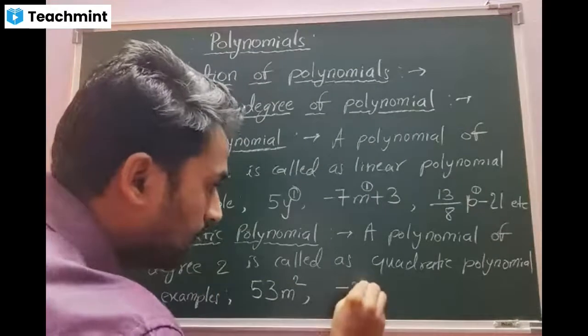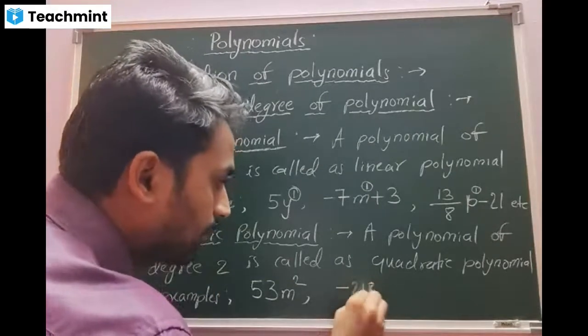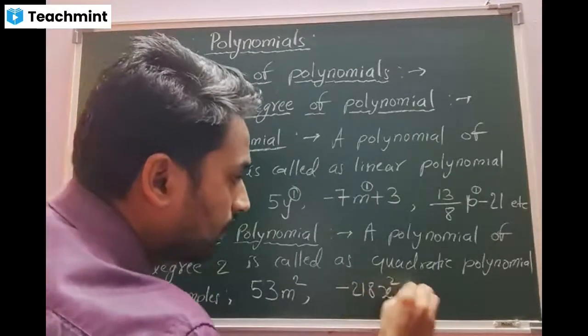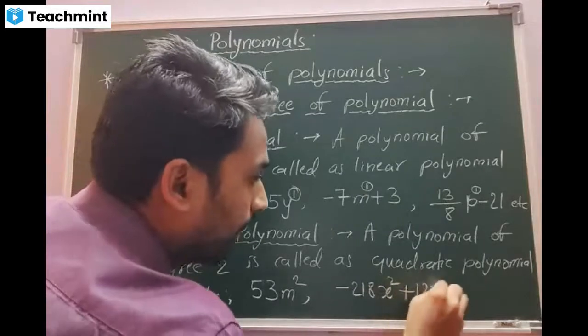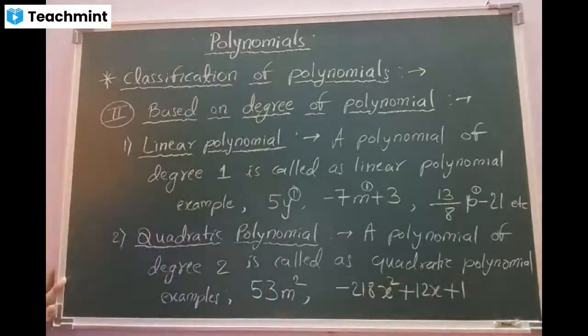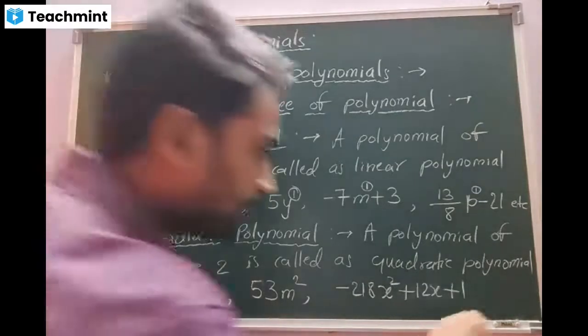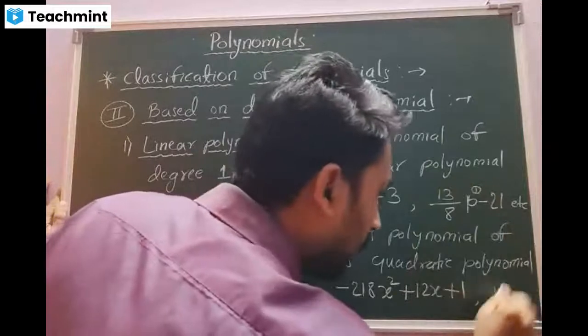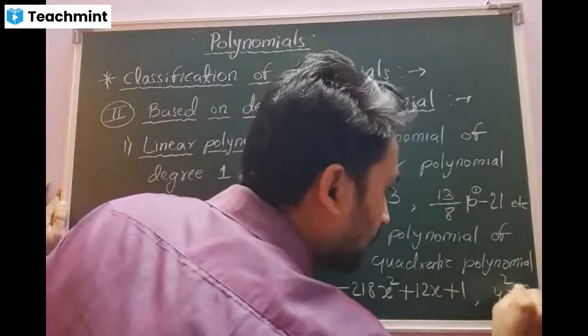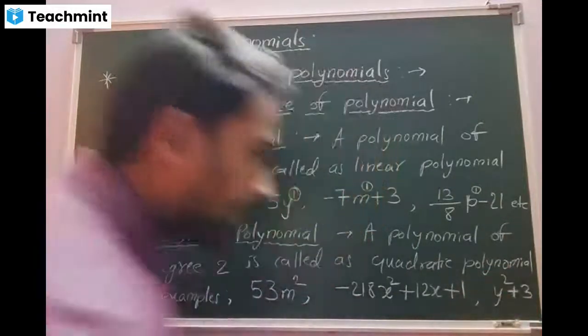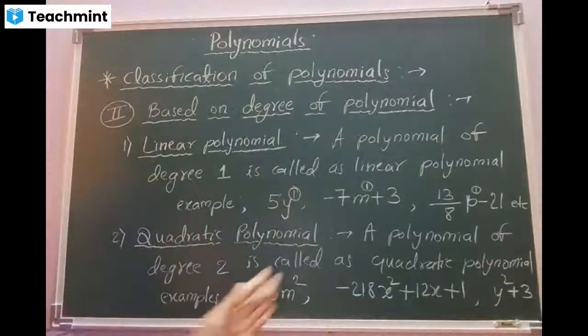Then minus 218 x square plus 12x plus 1. Let me write one more. y square plus 3, etc. Copy, beta.